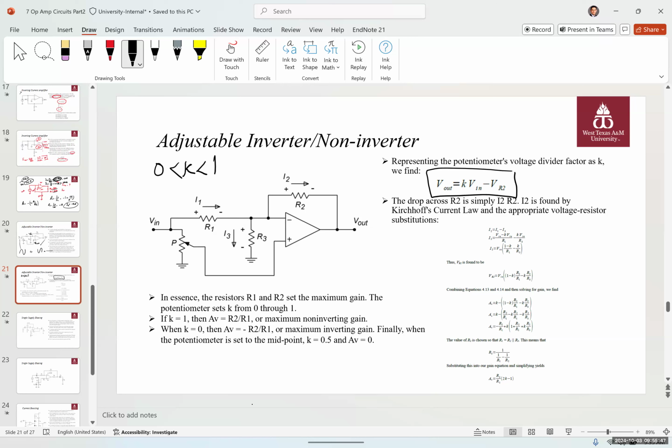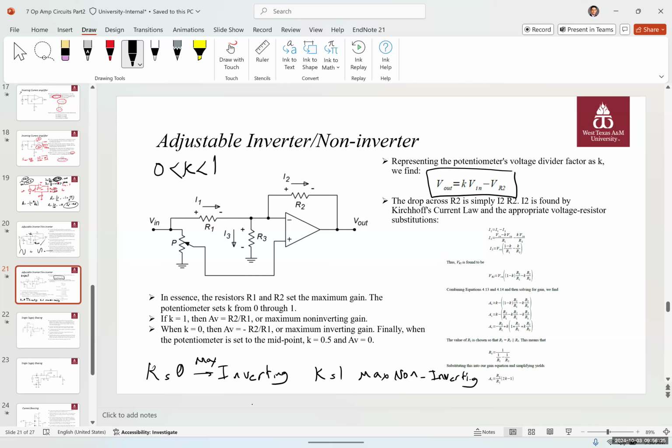And when K is equal to 1, AV is going to be R2 over R1, or its maximum non-inverting gain. So when K is equal to 0, it's a max inverting. And when K is equal to 1, it's a max non-inverting. And when K is half, or 0.5, the gain would be equal to 0.